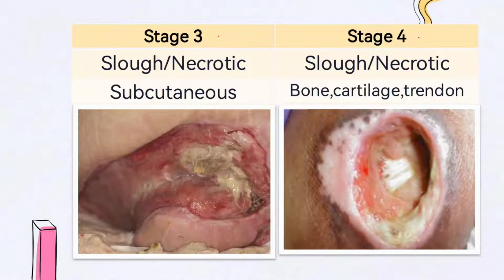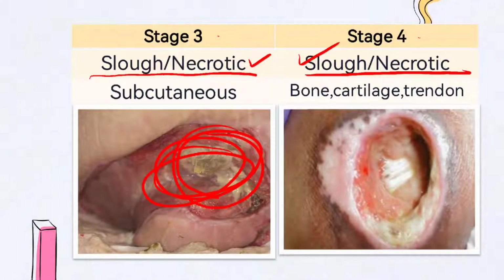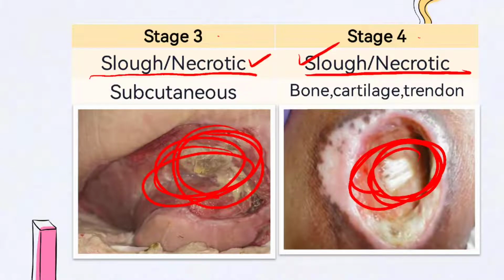Now, stage 3 and stage 4 both have necrotic and slough, some parts of it. But on stage 3, you're only up until your subcutaneous tissue. For your stage 4, your bones, your ligament or tendon, or your muscles are already exposed. Okay.